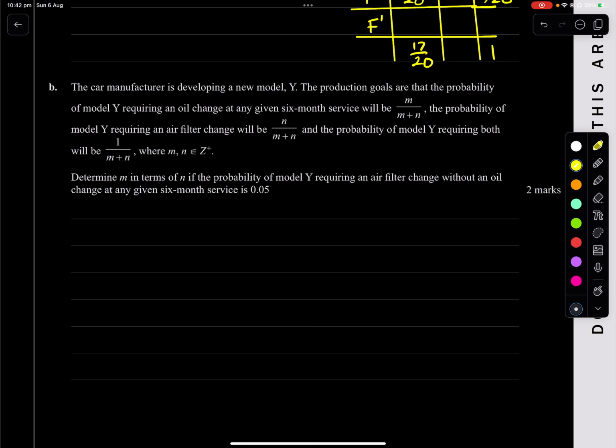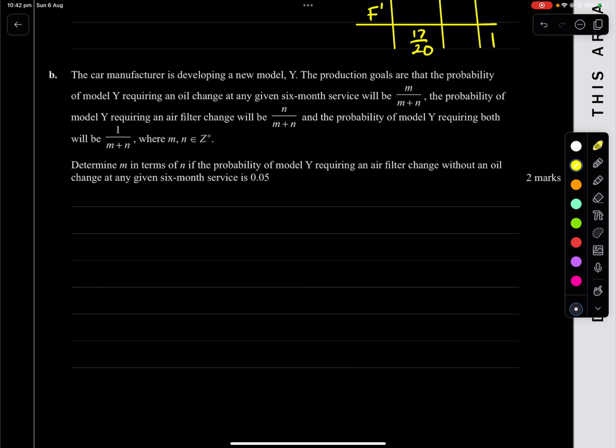Determine m in terms of n if the probability of Y requiring an air filter change, so let's say F, air filter without an oil change, is 0.05. I'm just going to write this in fractions, because I don't like it in decimals. Much easier to work with.